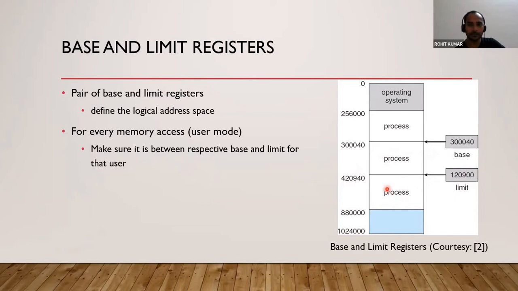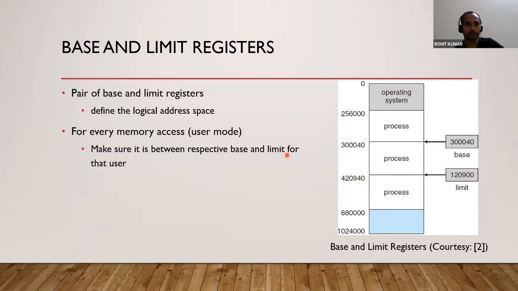Suppose it is like this. Then what is the base value of P2? It's this, around 3,40,000. Then if you add here this 1,20,900 to this, then obviously what is the last register value? That is 4,20,940.